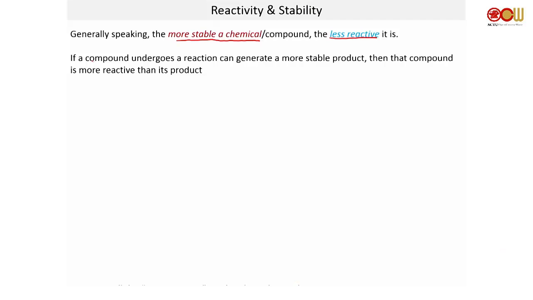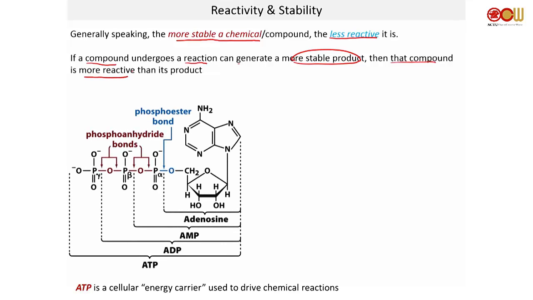If it's not stable, then it reacts very well. So if a compound undergoes a reaction that can generate a more stable product, then that compound is more reactive than its product. For example, let's take a look at ATP.